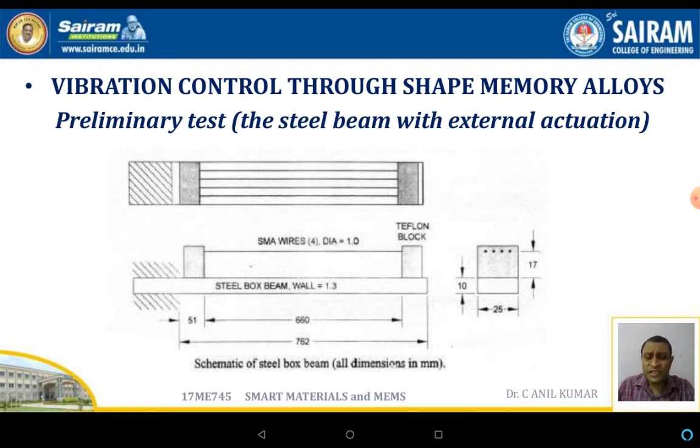Once the heating and the cooling is done for the shape memory alloy, the deflection of the beam automatically takes place. In the deflection of the beam, hogging is taking place at the free end.